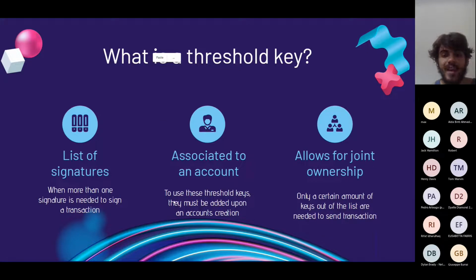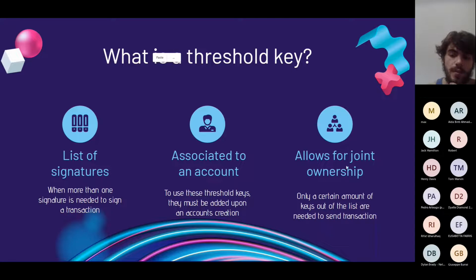However, the difference is that not every single one of the keys on the list is required. So with the threshold key, let's say there are 5 keys in the list. The threshold may be 3.